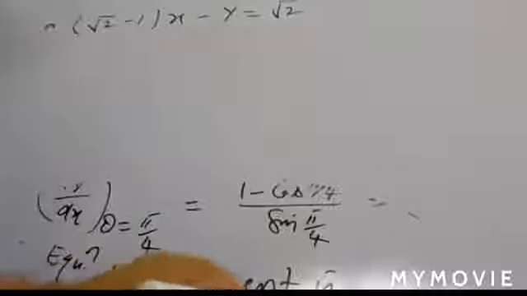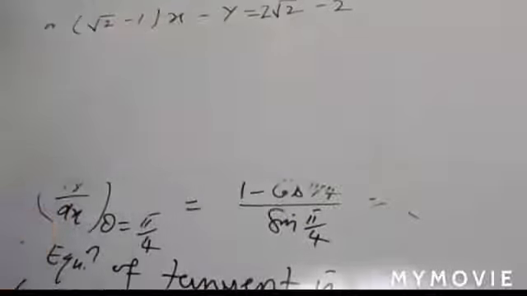So here you have root 2 minus 2, minus 2 plus root 2 plus, oh sorry, this root 2. So write here 2 root 2. That is equal to 2 root 2 minus 2 minus pi by 4. So that gives you the equation of tangent.